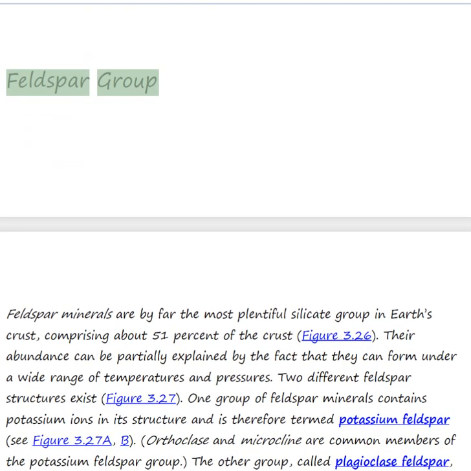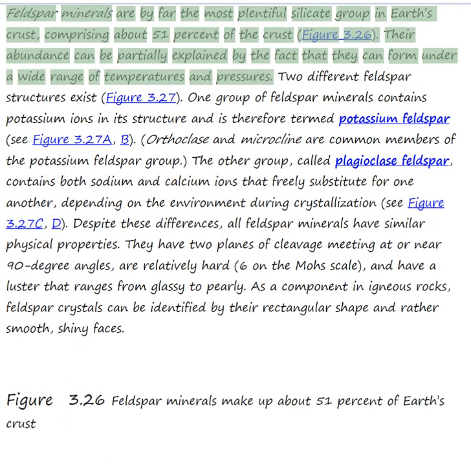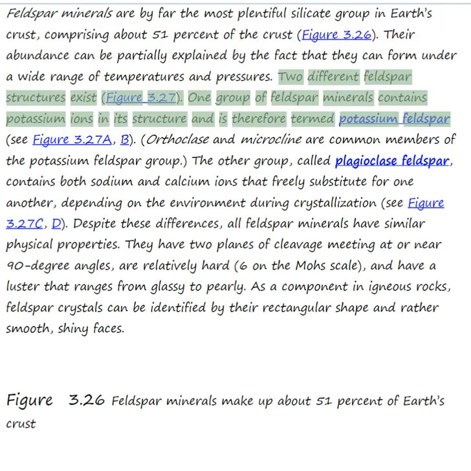Feldspar group. Feldspar minerals are by far the most plentiful silicate group in Earth's crust, comprising about 51% of the crust. Their abundance can be partially explained by the fact that they can form under a wide range of temperatures and pressures. Two different feldspar structures exist.